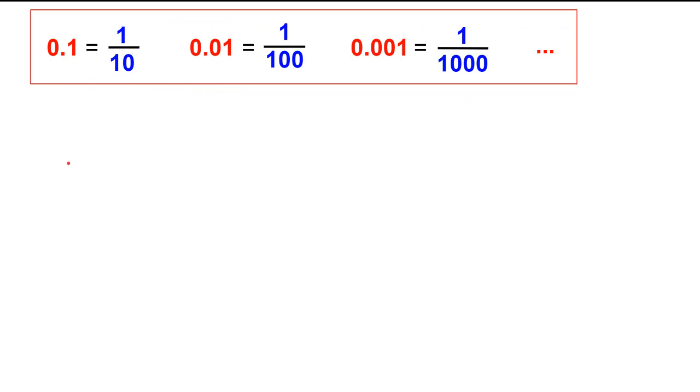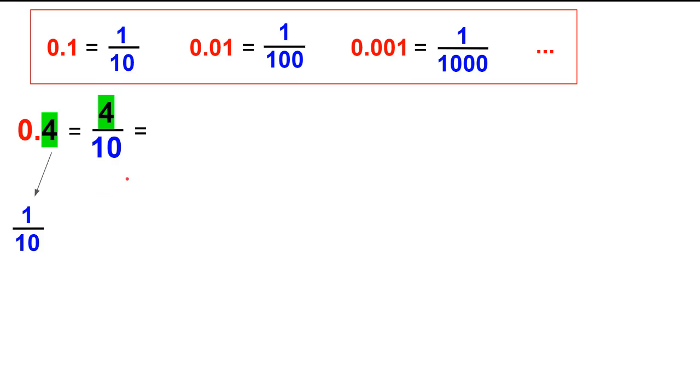Let's see another example. 0.4. That's 4 times 1/10. 4 times 1 over 10.